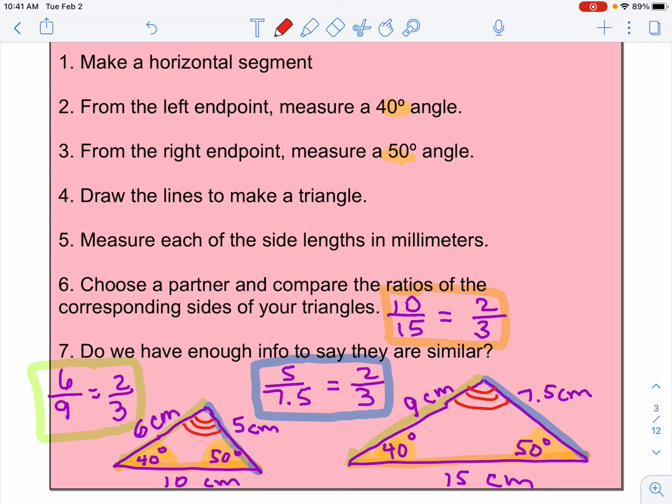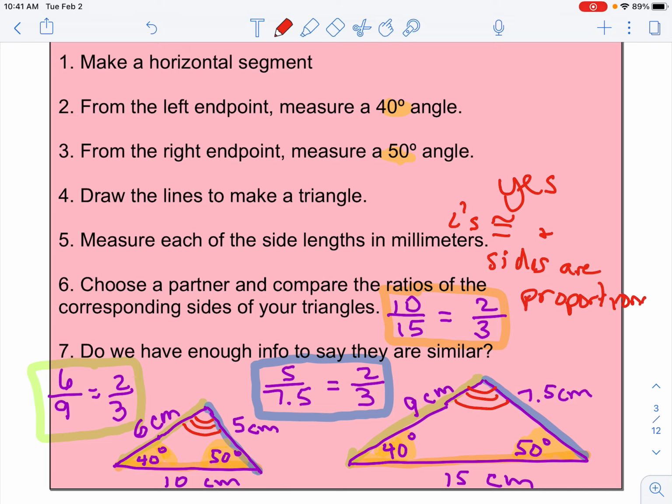Or you can certainly just figure out that you already have 90, so these will also be 90. And then the ratio of the sides are proportional. So yes, the corresponding angles are congruent and the sides are proportional.